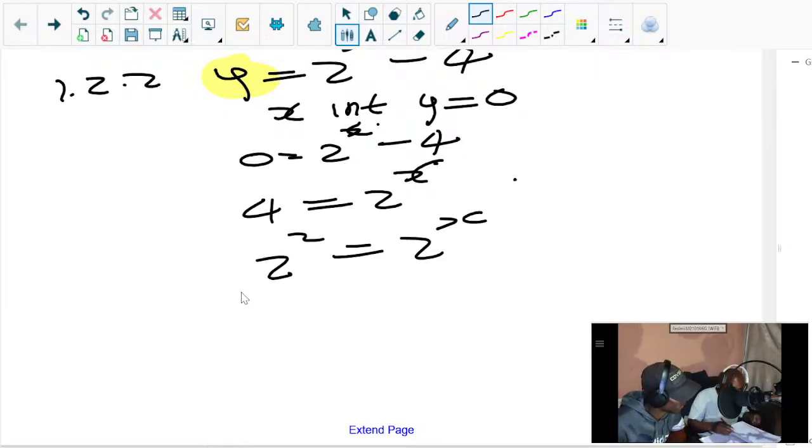Let's say there's A, and then there's B, and then there's C. If I say A is equal to B, and then I say B is equal to C, now you can make a deduction from here.